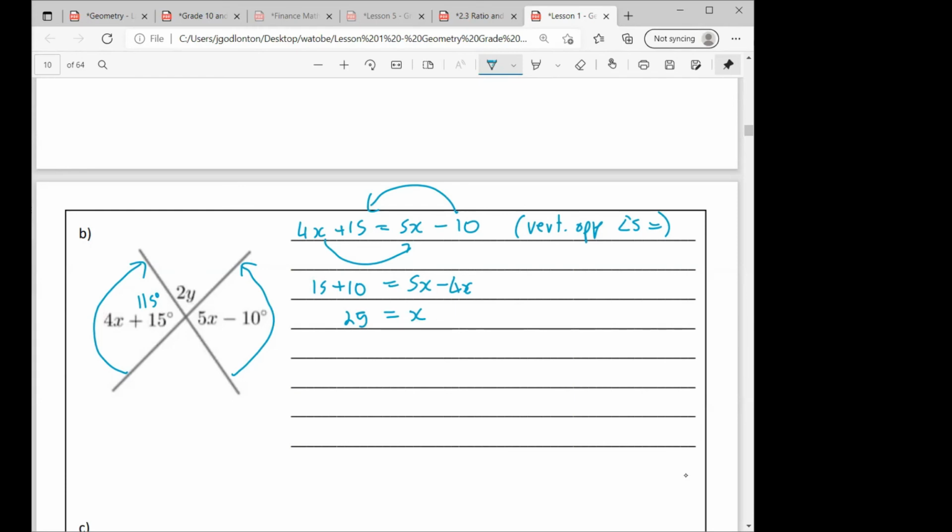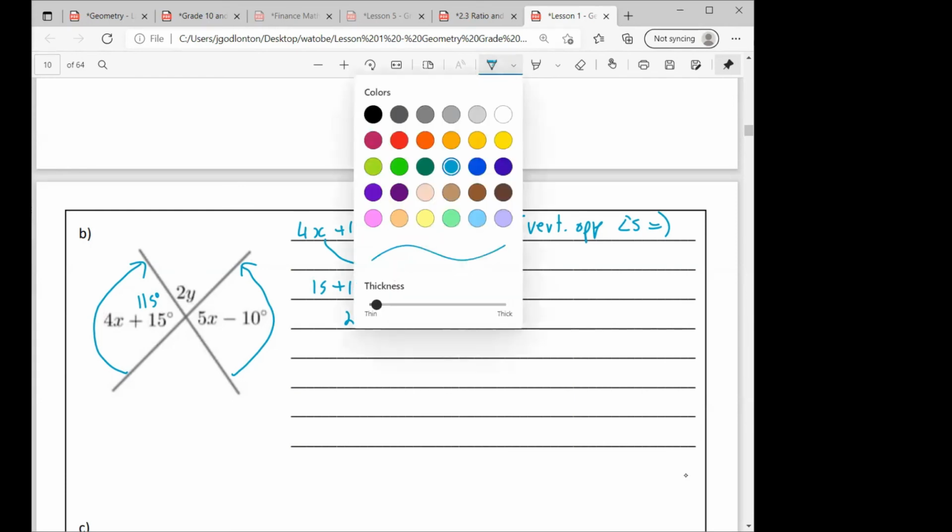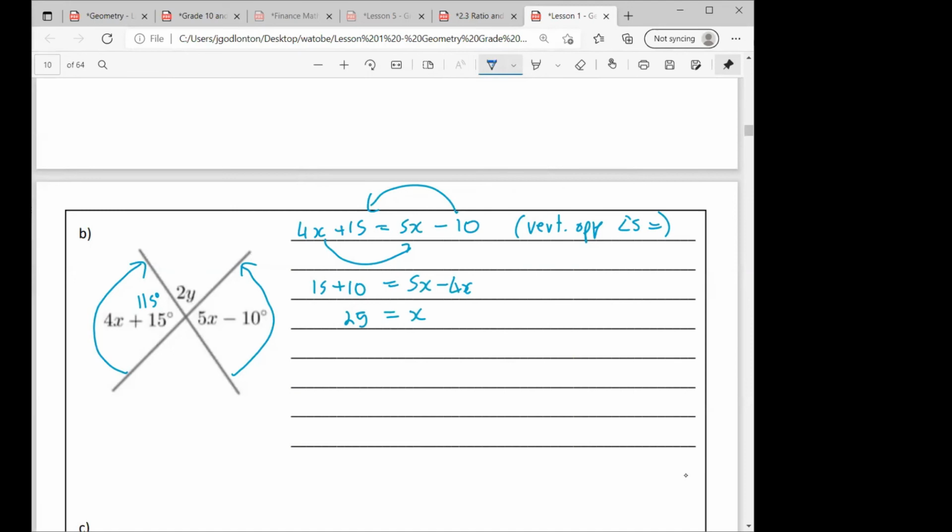Any brave adventurers for y yet? What could y equal? If you're getting a decimal, don't panic.